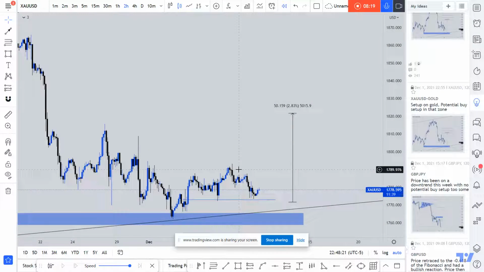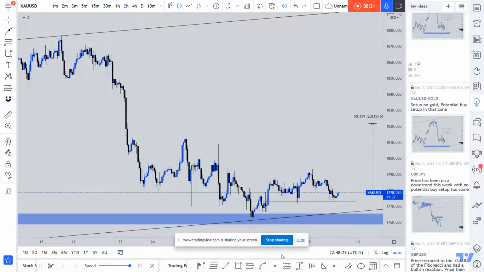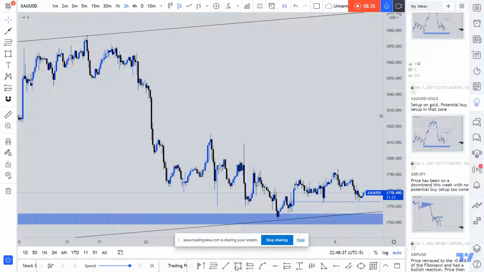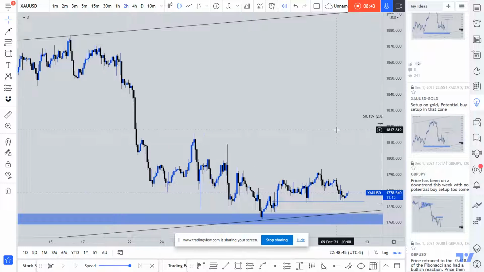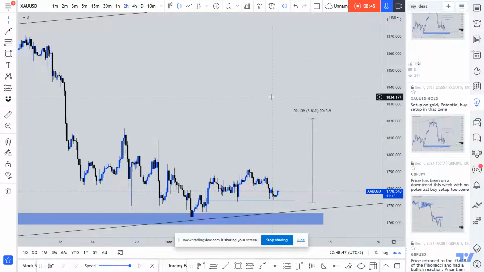But still, price might go up to this side to meet this imbalance real quick. And that's what we're gonna look for around this area. We're looking for price to come back to either this area to have some momentum or continue to the upside.